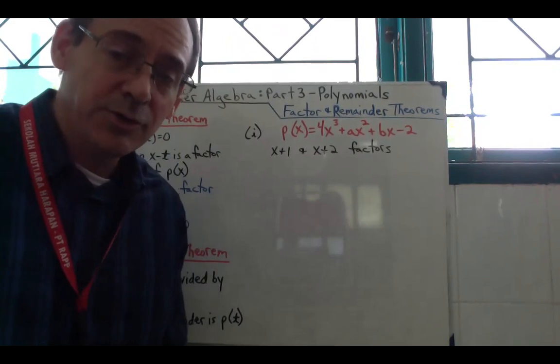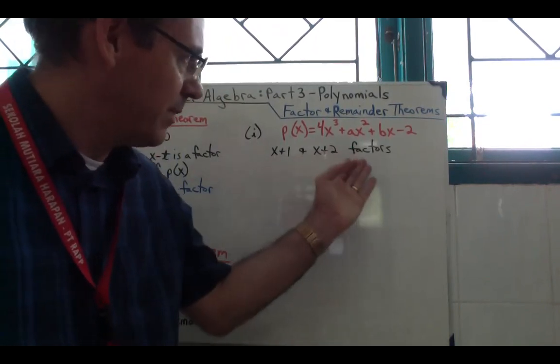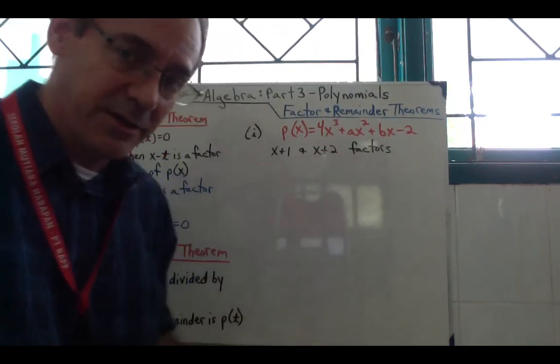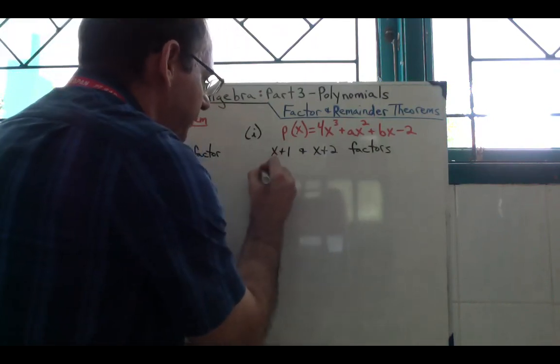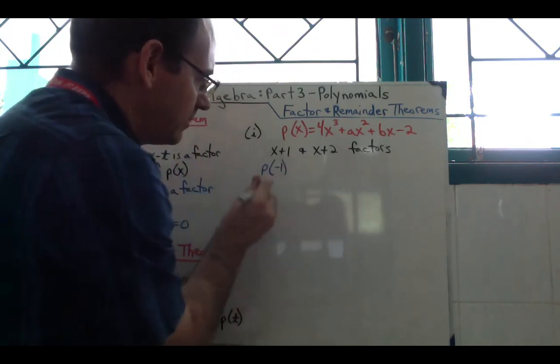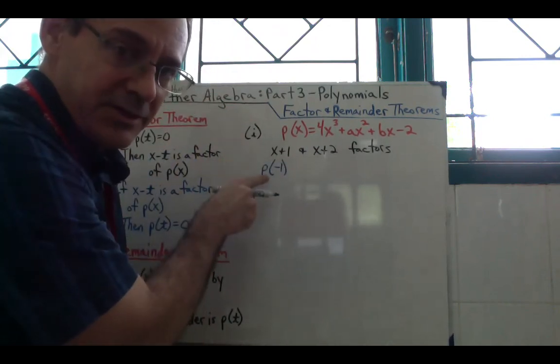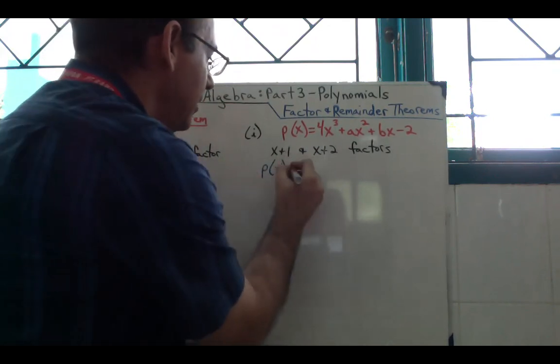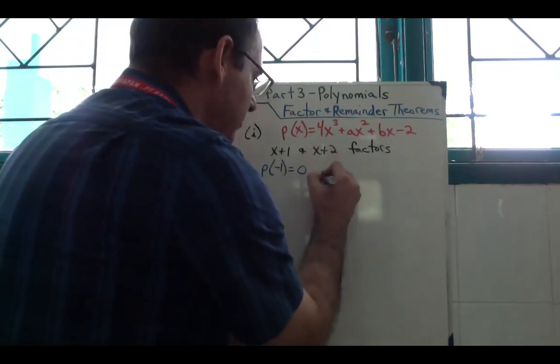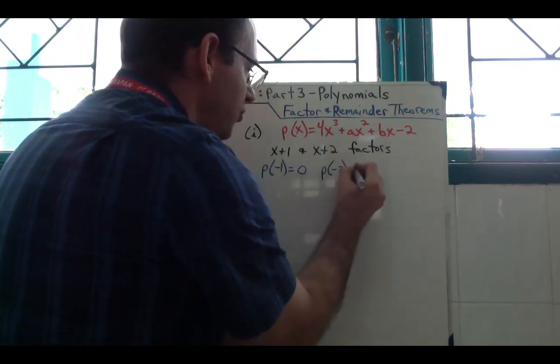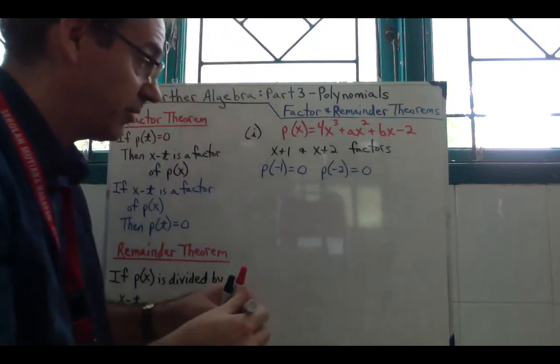So we want to remember that this should remind us of the factor theorem. So p of negative 1 will equal 0, because this is the factor theorem, and p of negative 2 will also equal 0.